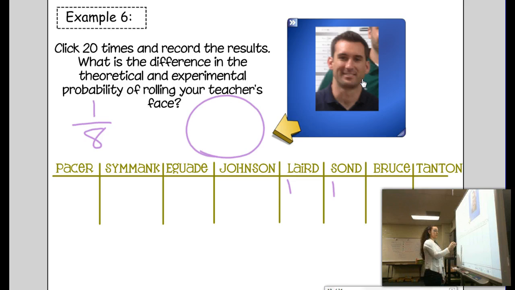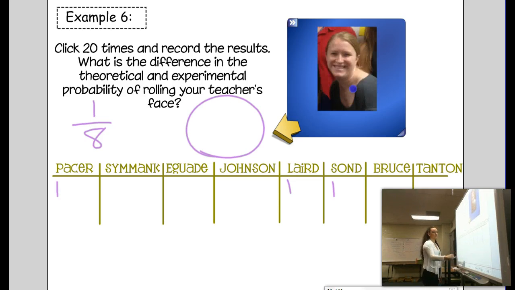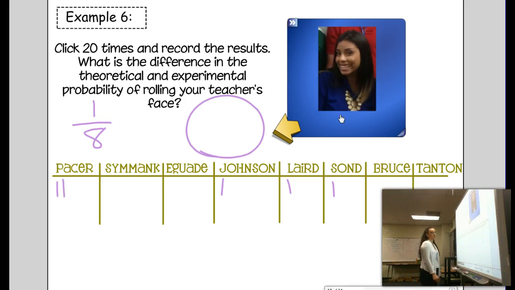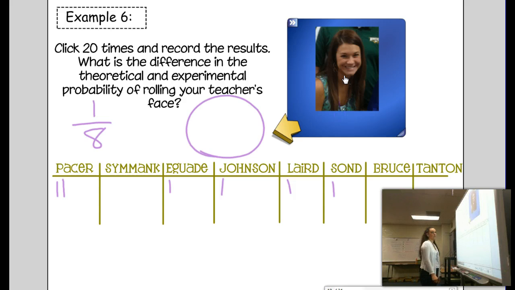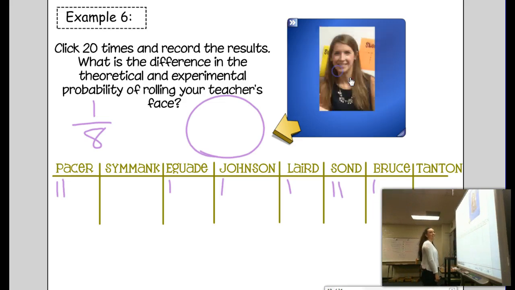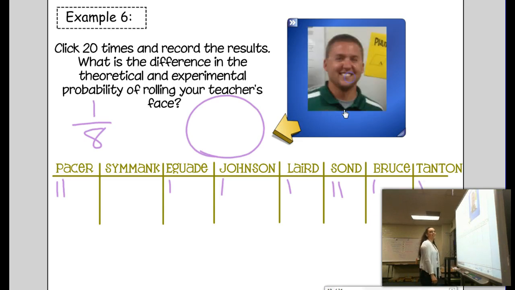Pacer. Johnson. Pacer. Aguade. Bruce. We are being recorded. Saunderstead. Just click the face. Tanton. Laird.